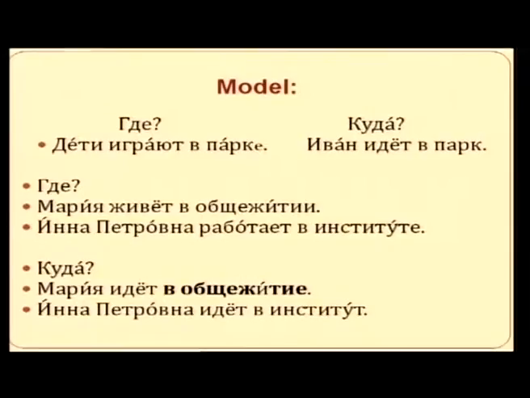Let us go to the next slide now and understand certain examples where we are using the questions gde and kuda. Please pay attention to the sentences while I read them for you. Где? Дети играют в парке. Куда? Иван идет в парк. Here we are using the same noun park with the preposition v, but with questions like gde and kuda.